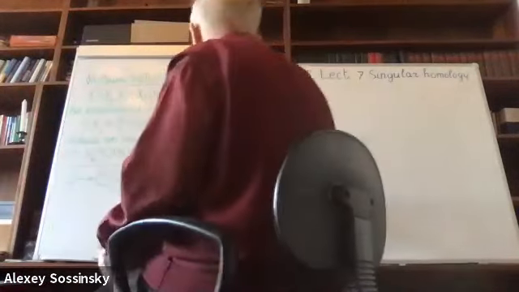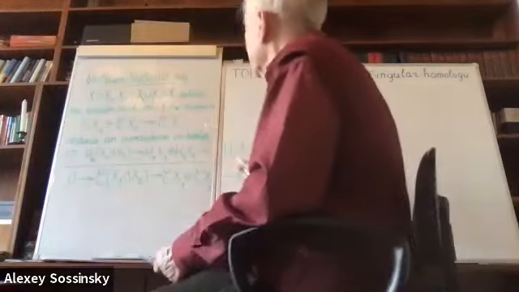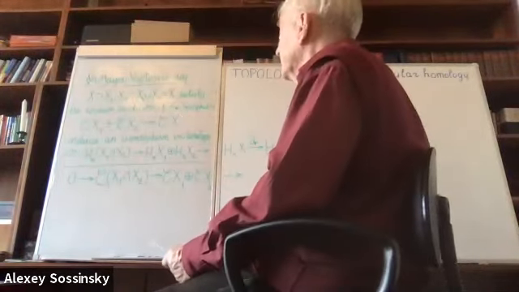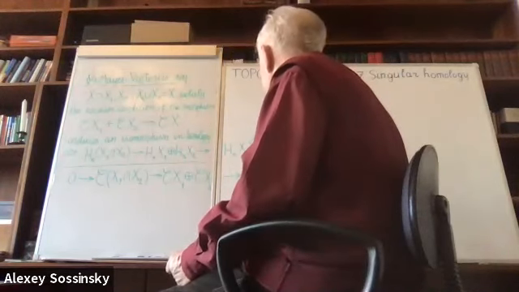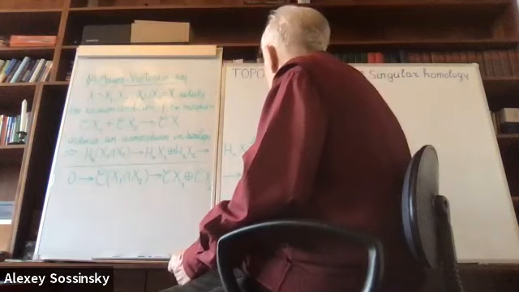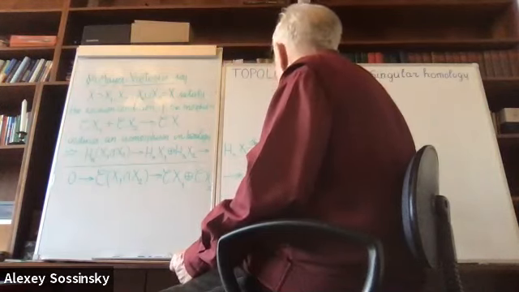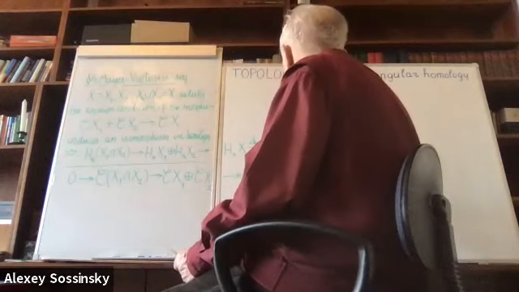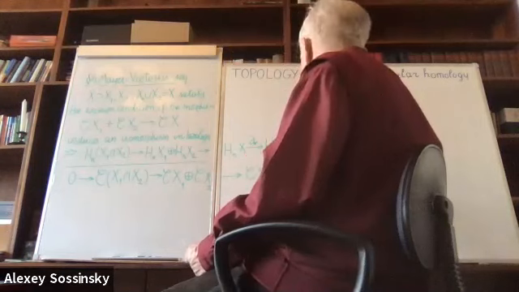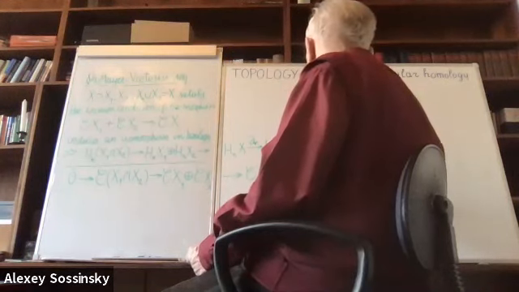And here, instead of this chain C of X, we're going to write C(X1) plus C(X2) and 0.